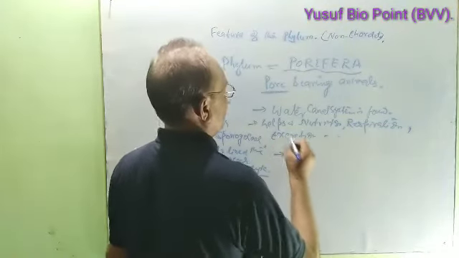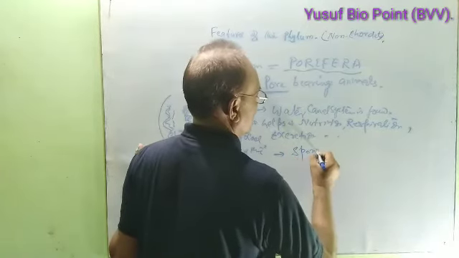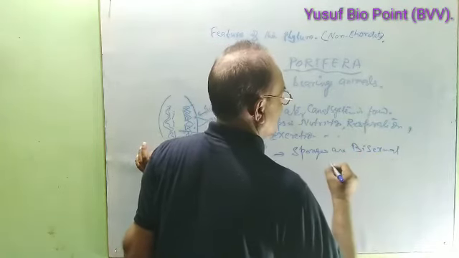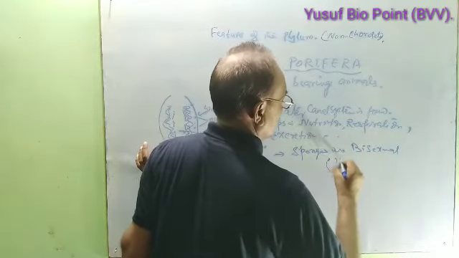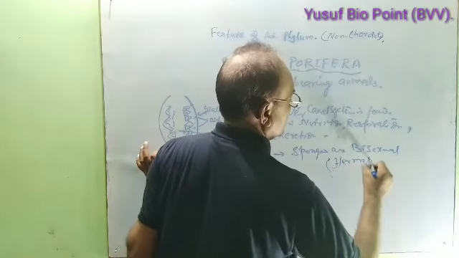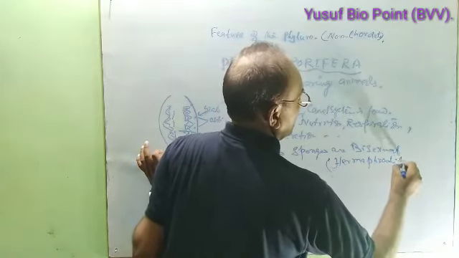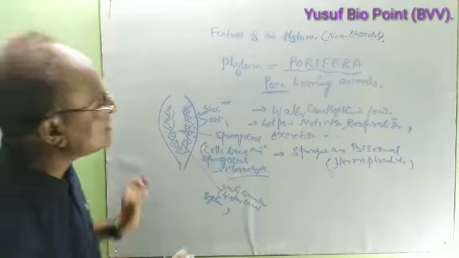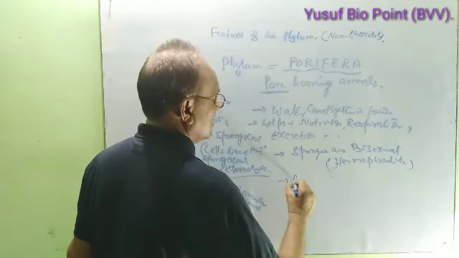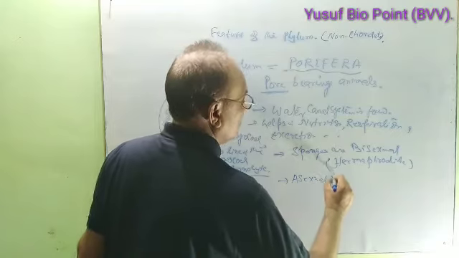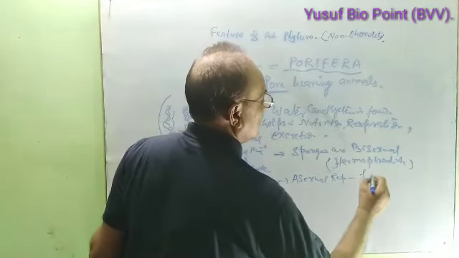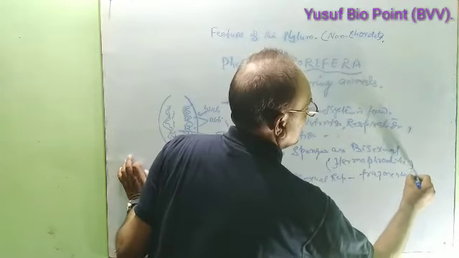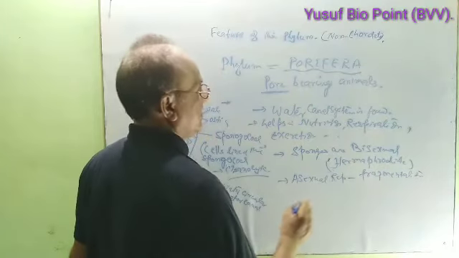Next, sponges are bisexual. They are called hermaphrodites, both sexes are found in the same individual. Asexual reproduction is by means of fragmentation.